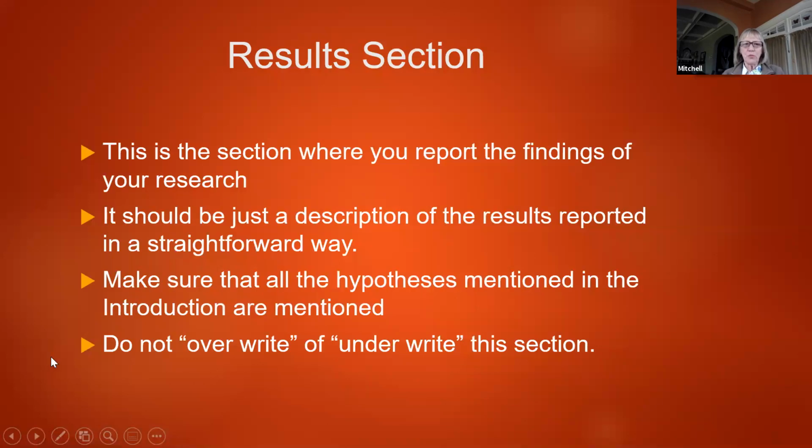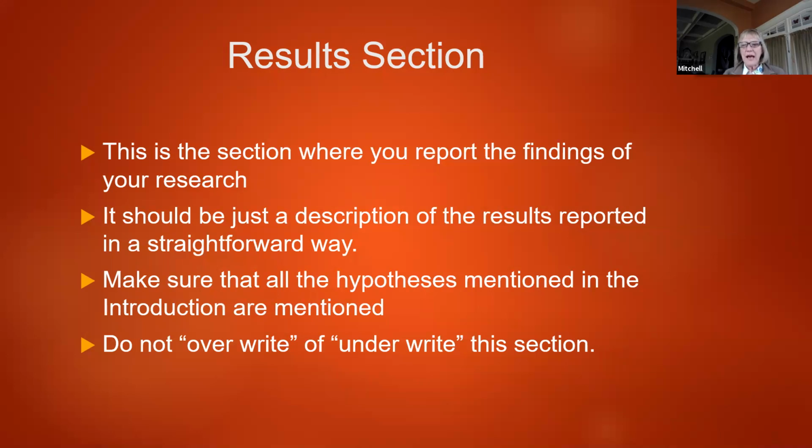So this is the section where you're going to report the findings of your research. And the findings include the description of the participants' demographics and any findings from your measures, including process measures or outcome measures. And for projects that have been done in the real world setting, the intervention, the setting, the sample, and the measurement instruments may all influence each other.